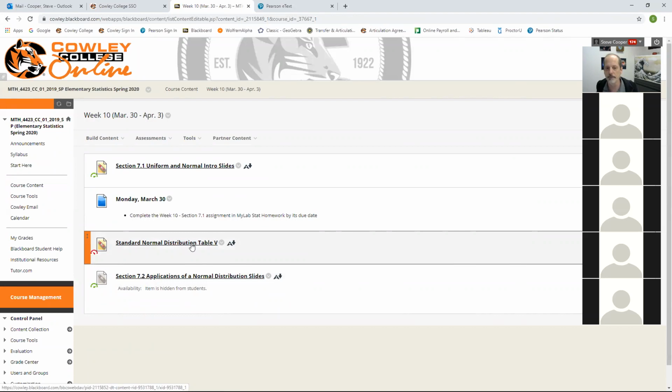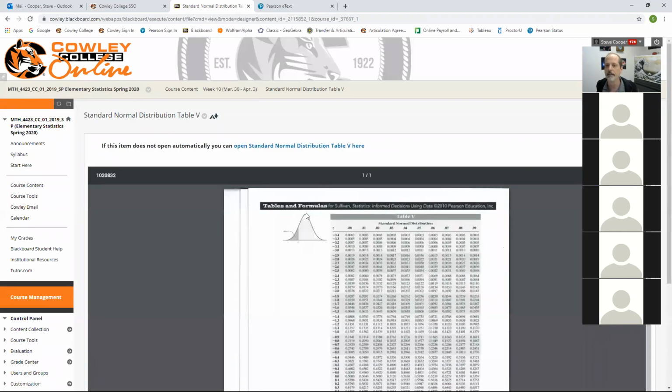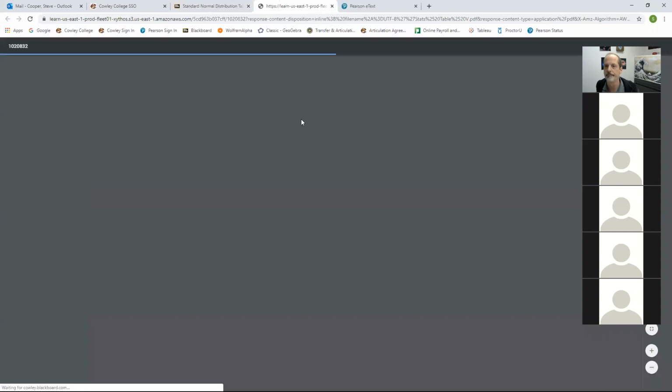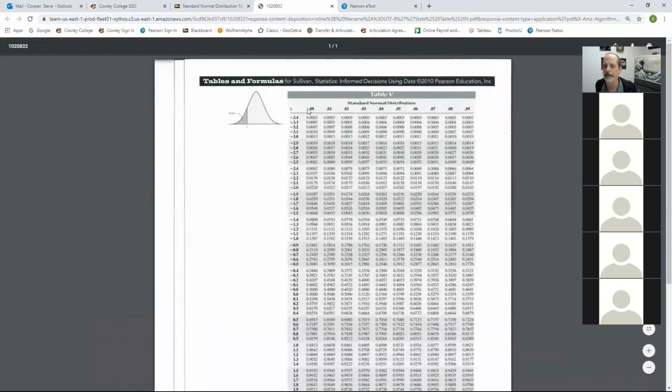This is available to you in your text, and I've also got it here. So I'm going to click on that, and we're going to look at that. And the way we read that is it's a normal distribution, which is what we see in the picture here.